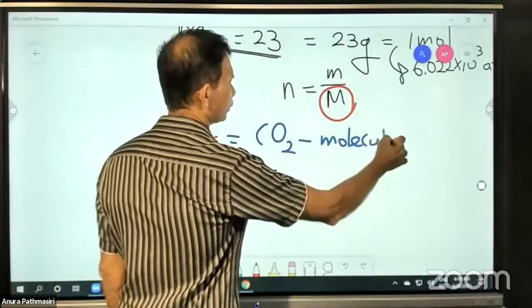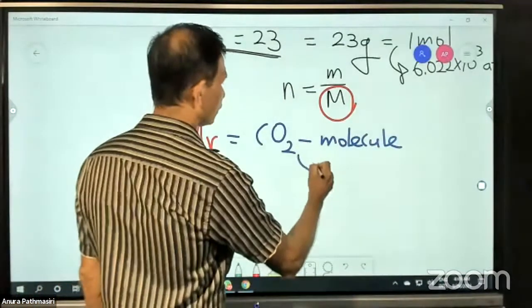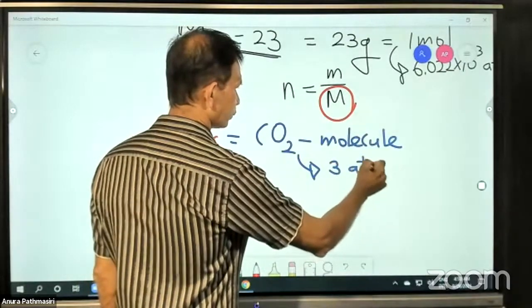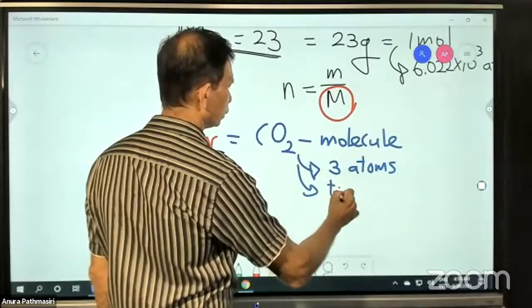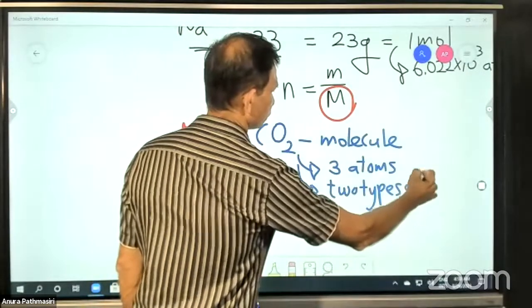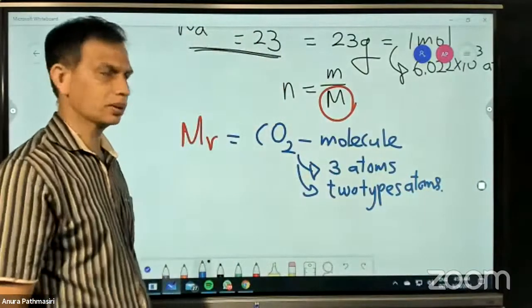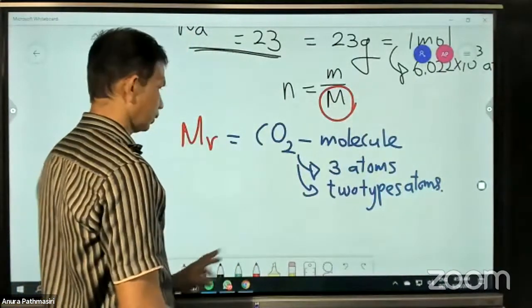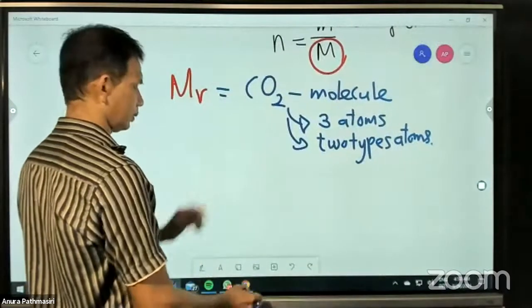That means it is made of three atoms, of two types of atoms.